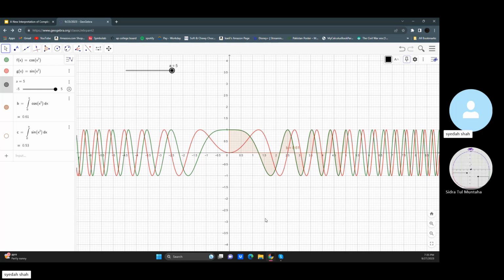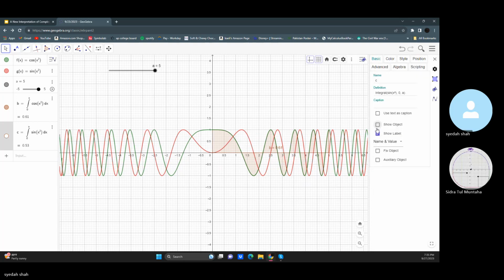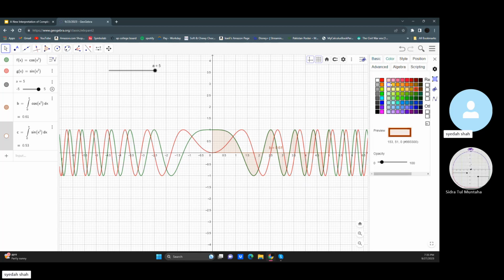So now you can open the trace of both of these points B and C. Oh, I guess there is no trace.